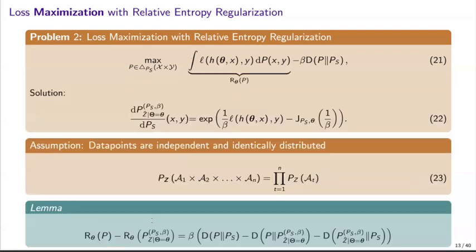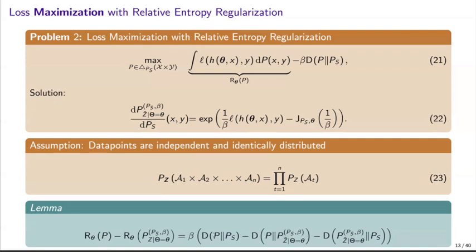This is the idea behind this. And again, if we deviate from the optimal to an arbitrary distribution, we can write that variation in terms of three terms, including the worst case data generating probability measure, the reference measure PS, and P, which is the probability measure to which we are deviating.